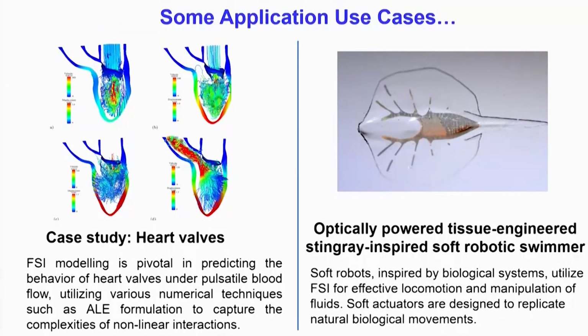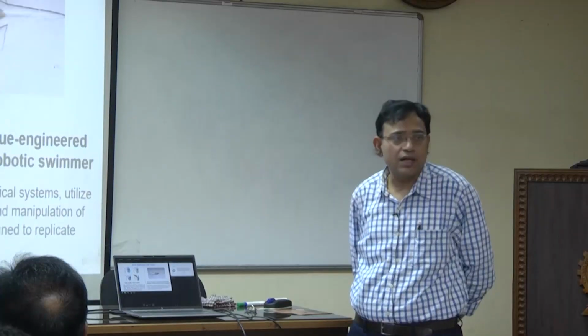Heart valves, I have talked about this, whether it is the natural heart valve or the prosthetic heart valve. It is very important to understand how the blood flows under the pulsatile nature, because the heart is always having an expanding, contracting type of movement, giving rise to systolic and diastolic phases.